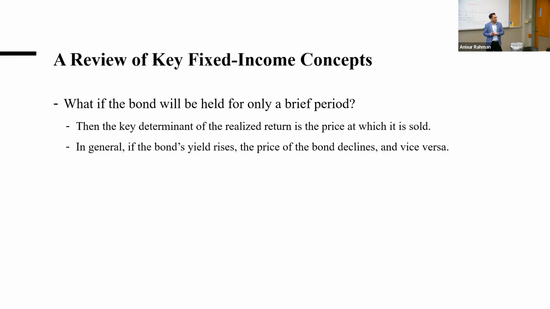Because you are not getting the higher reinvestment, right? You're selling the bond when the interest rate rose, so bond price decreased. So your capital loss will actually dominate the reinvestment effect. You guys are following me so far? Yes? Okay.